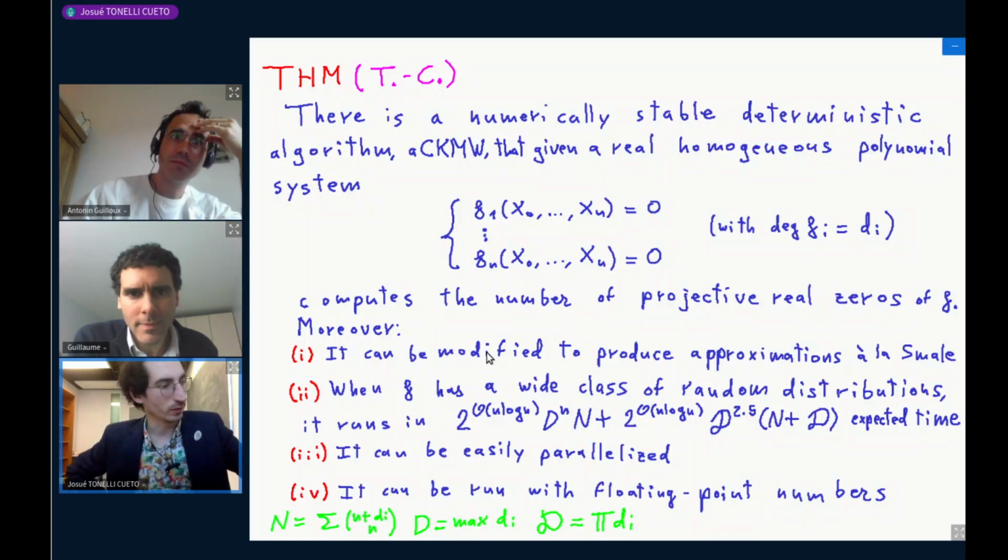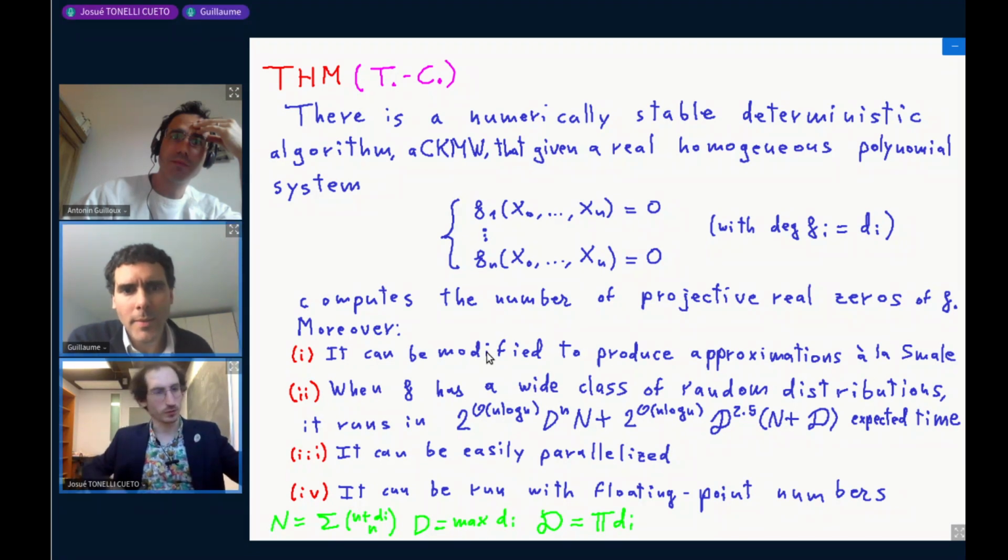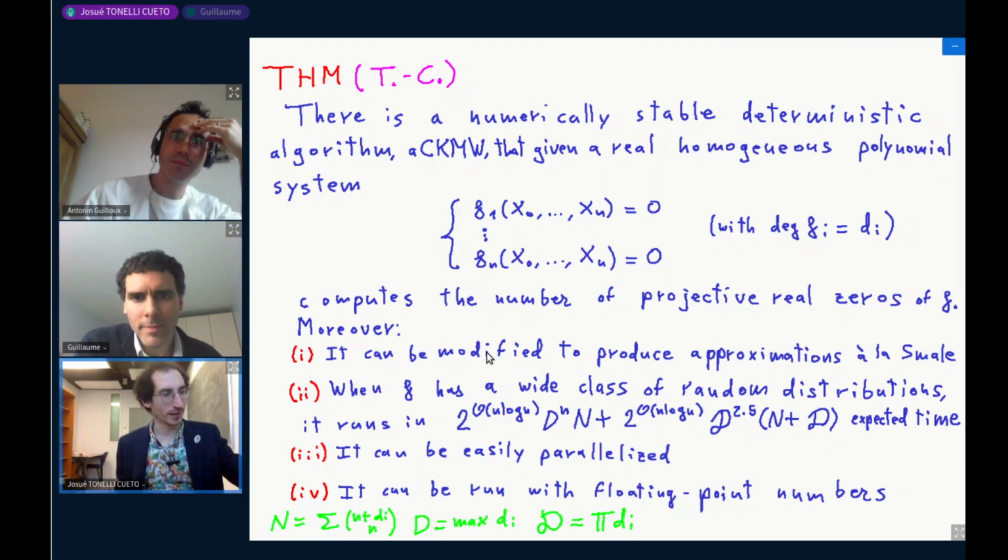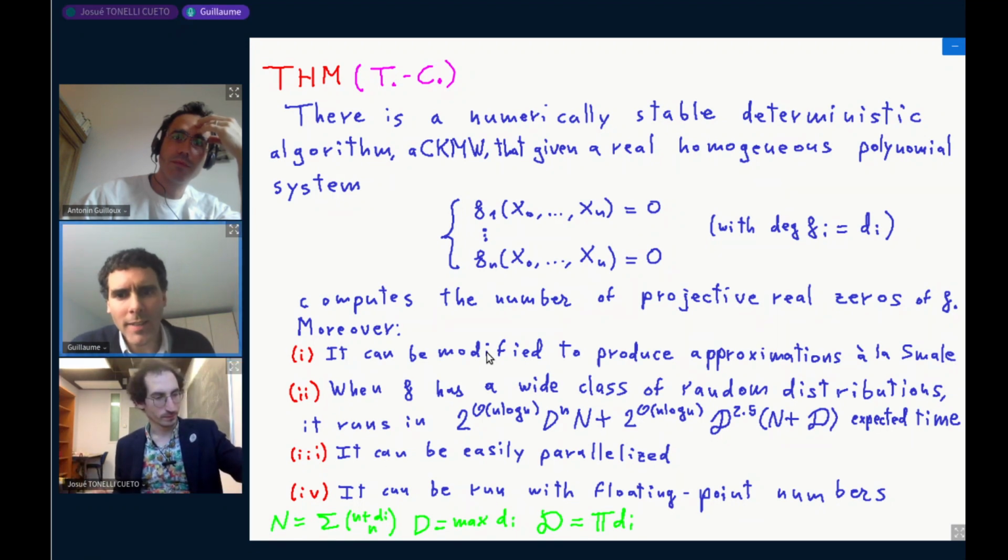It should be of the same order as the one that they get in the third part, maybe with an extra n, but it should be similar. So with high probability, my C will be like the Bézout bound to the 2.5. And this is how the 2.5 appears in the running time complexity?